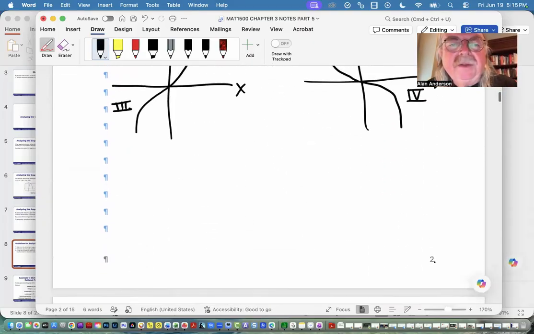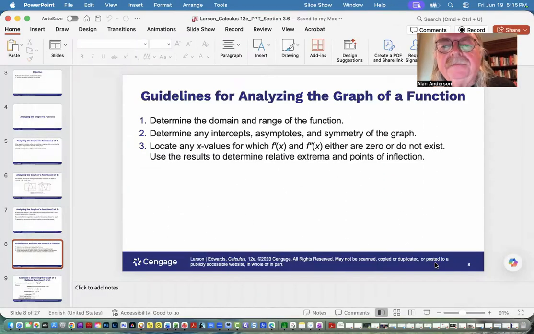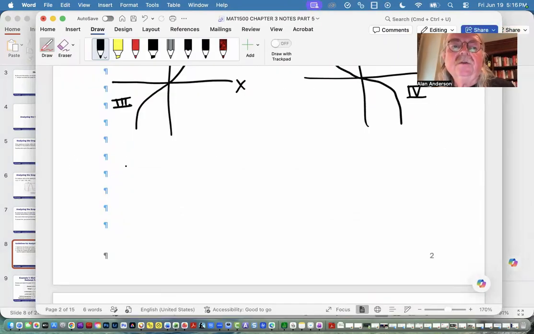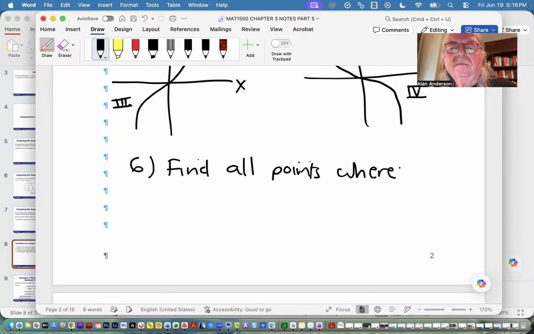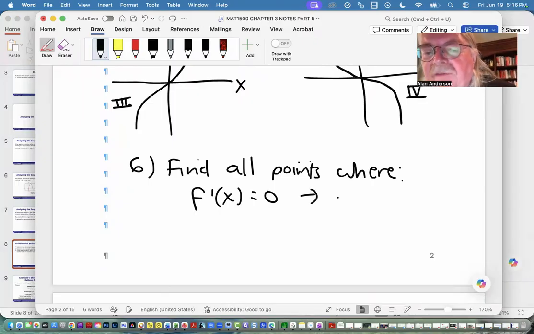What else might we be looking out for? Yes, so derivatives. Of course, where f prime of x equals 0, there are the so-called critical numbers.